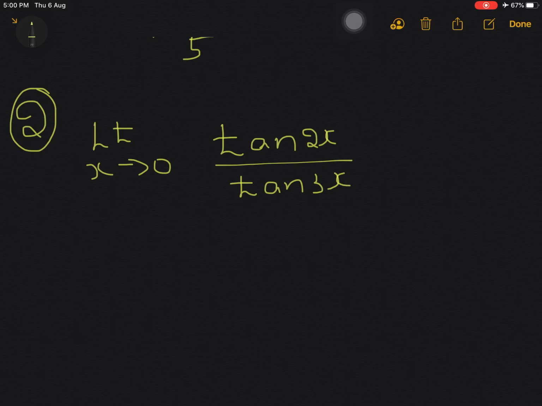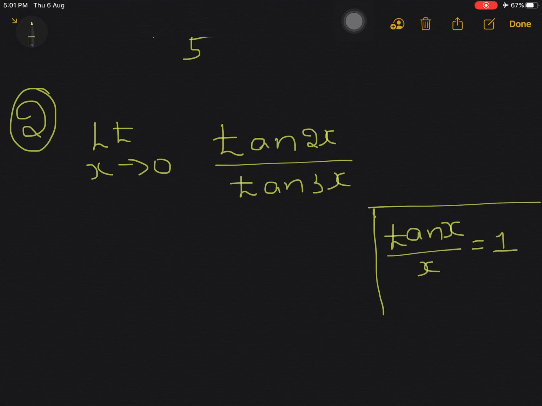The standard formula we know is tan of x by x is equal to 1. One condition is x tending to 0, and the other is that the coefficient of x in the numerator and the coefficient of x in the denominator must be the same. Then we can say the entire limit is equal to 1. Let's solve this.